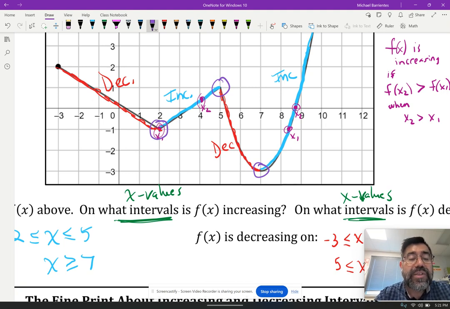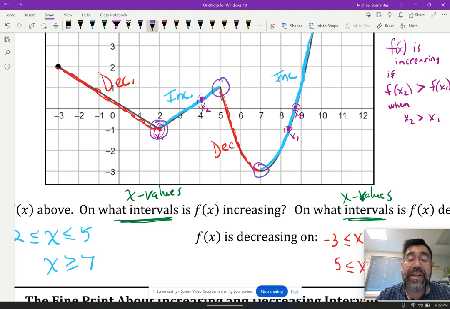What do I know about the derivative value at x equals 2 for this function? It's undefined because it's not differentiable. So the derivative is undefined at that point. That's a critical point. What about this one? It's also undefined, because there's a sharp turn. There is no derivative.